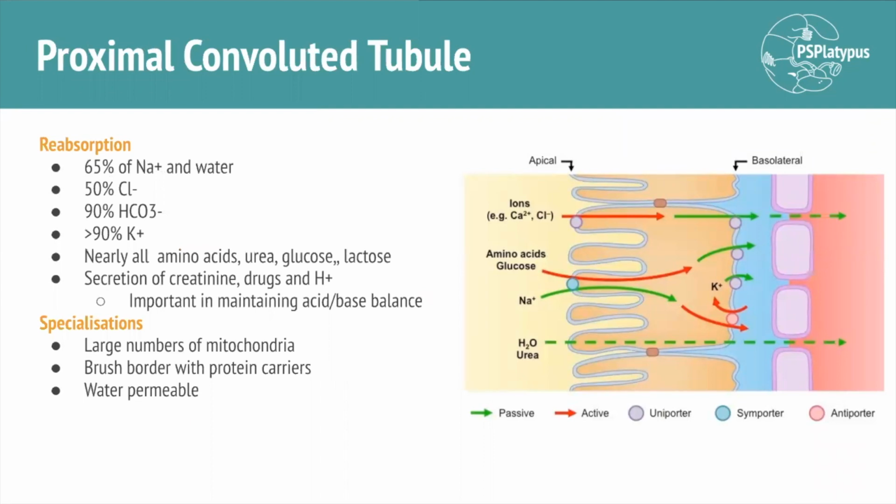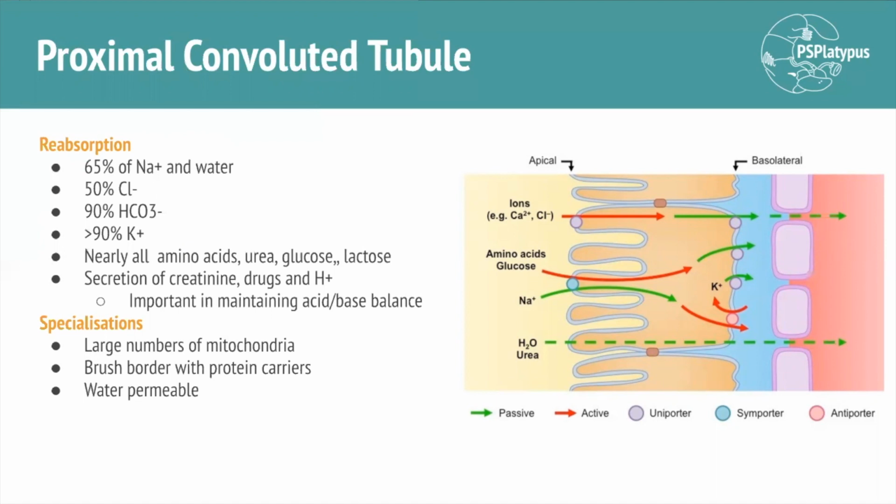So our proximal convoluted tubule. It is responsible for the reabsorption of approximately 65% of our sodium and water, our chloride ions, our bicarbonate ions, our potassium ions, as well as other molecules present in the fluid. In terms of specializations, the membranes of the proximal convoluted tubule are covered in brush borders, which have protein carriers present on it.